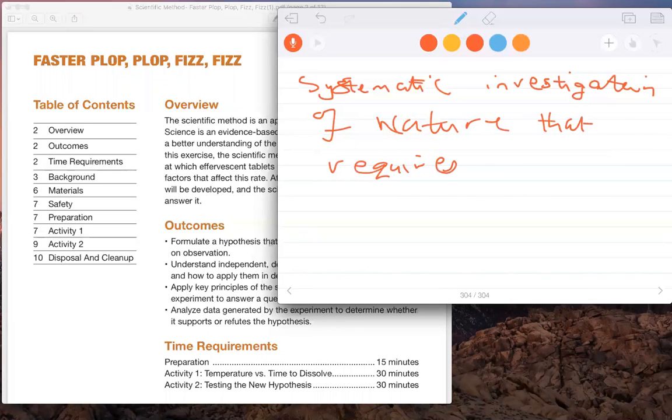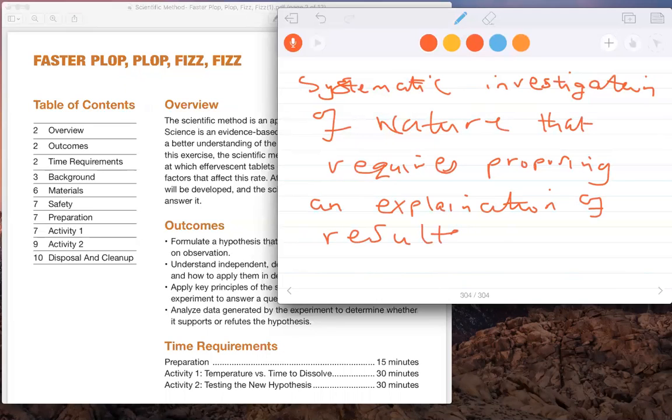proposing an explanation of results of an experiment.